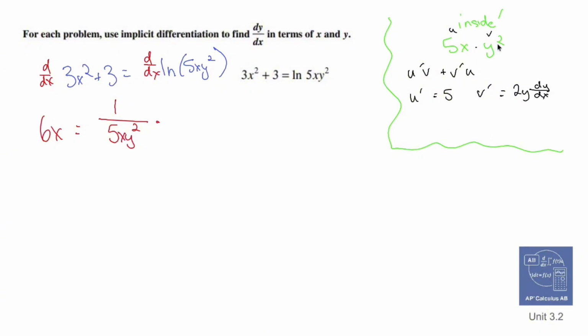When you take the derivative of a y with respect to x, you have to attach dy/dx. So u prime v is 5 times y squared, plus v prime, which is 2y dy/dx, times u, which is 5x.